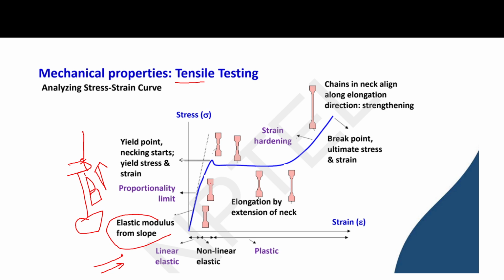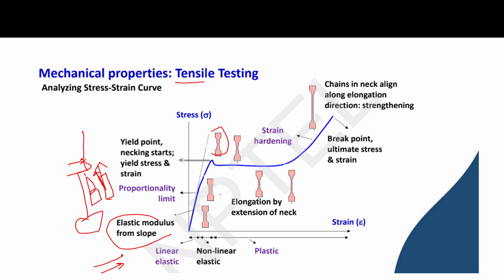After the elastic region, if you apply more stress or load, the polymers become more and more deformed. Then there will be some non-elastic behavior, where the polymers break or become straightened.